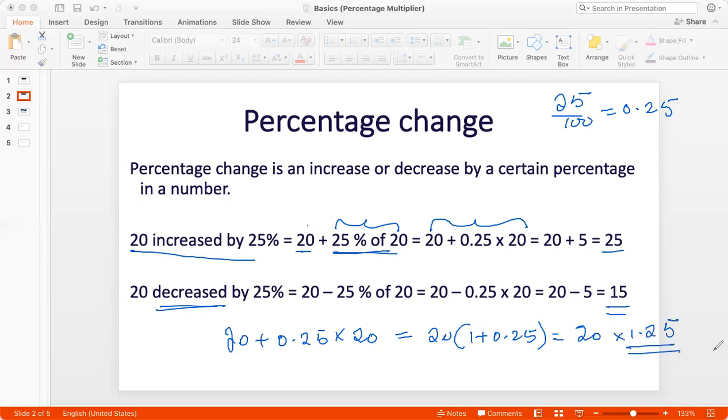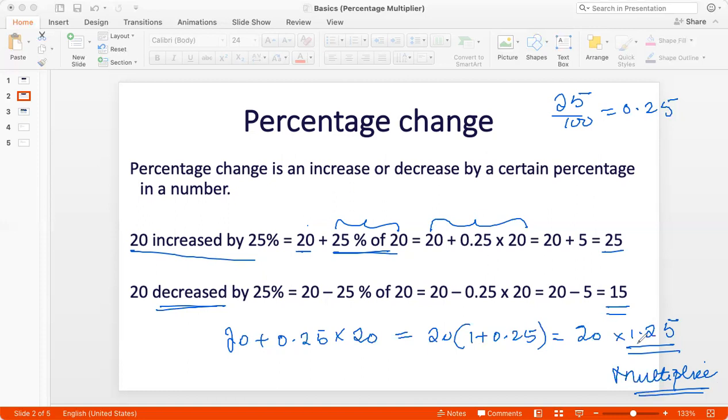So if I were to increase 20 by 25%, that's the same as multiplying 20 by 1.25. So 1.25 here is the multiplier that I need for an increase of 25% in a number.